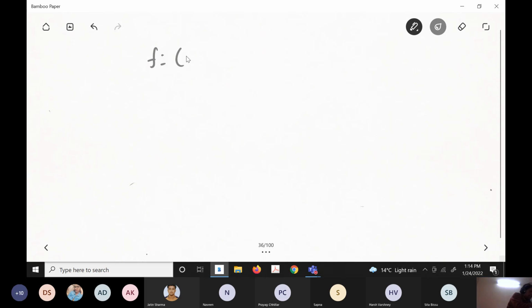Take (X, tau) and (Y, sigma). Suppose F is onto, continuous, and open; that is the reason I introduced open. Onto continuous open, you need this.